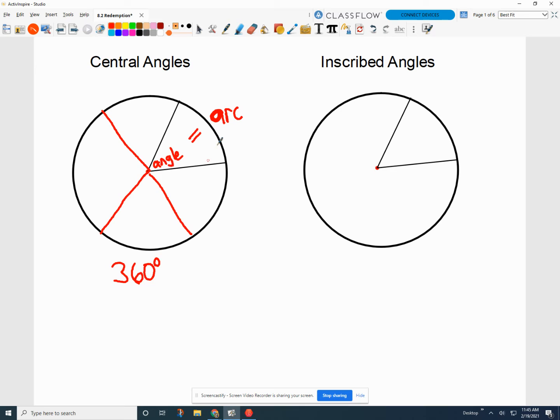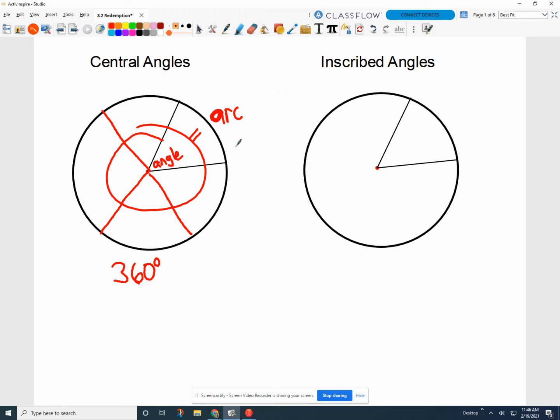What that means is that all of these wedges added together, if I add up all these angles all the way around the inside of the circle, they're going to add up to 360 degrees every single time, every single circle. Okay, so what we're going to do is I'm going to ask you to find different angle measurements or different arc measurements given one or the other. So on these problems that I've got for you, I'm going to chop up the circle and ask you to find a piece of it.